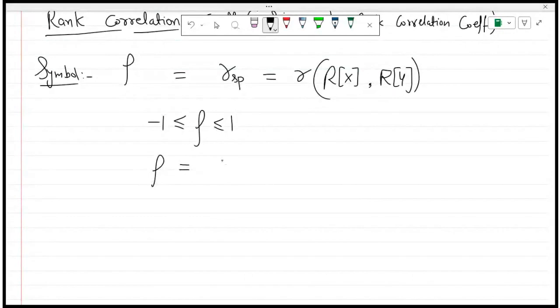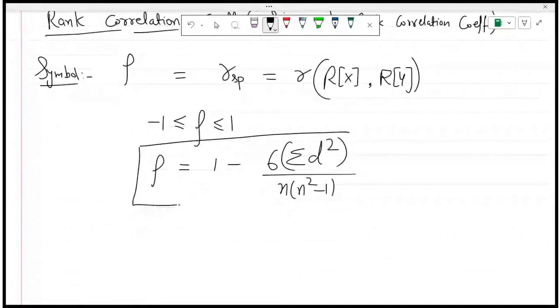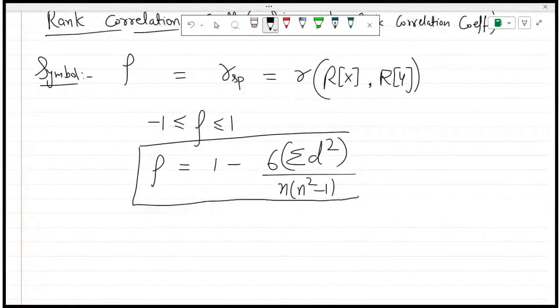So the formula for this is 1 minus 6 times sum of d square divided by n into n square minus 1. Now what is n? N is same as in case of correlation coefficient.